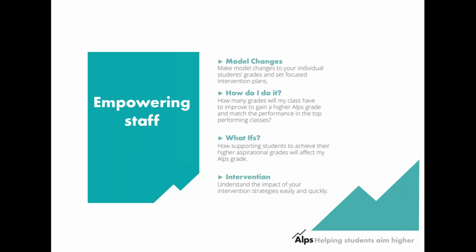And if you are going hell for leather on intervention across the year, then you can very quickly do your modelling and look at the impact those intervention strategies may be having. I'm going to take you through all of that, and hopefully you'll get a grand feel of what Alps Connect Interactive can do.